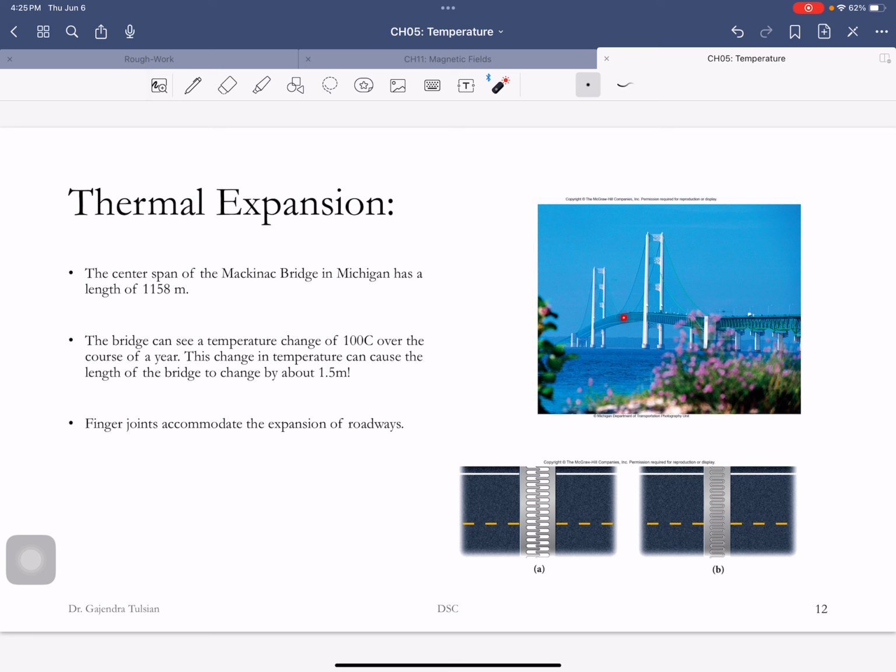So it would expand by the height of a person, and if you don't account for that, the bridge would collapse. So that's why in between spans they leave these expansion gaps, and you see this is how far the spans are separated in the winter, and in the summer they've closed. If you didn't provide for that, these spans would push against each other and crumble.